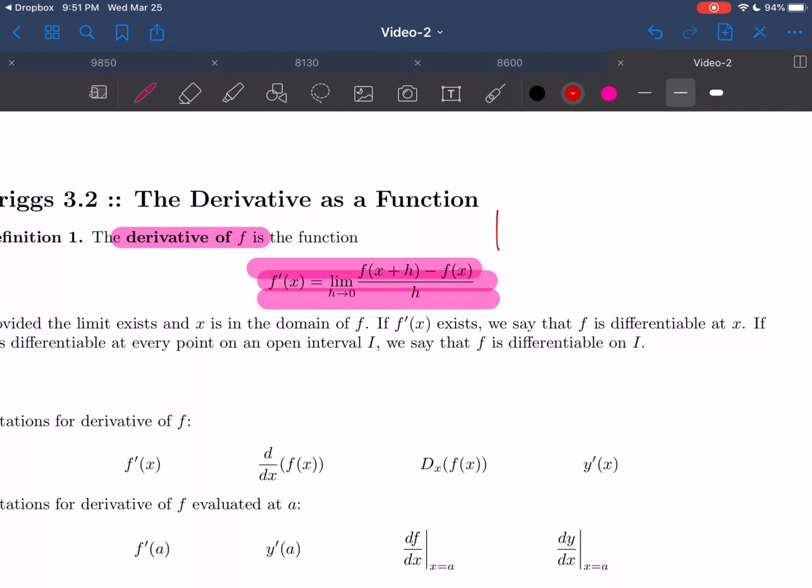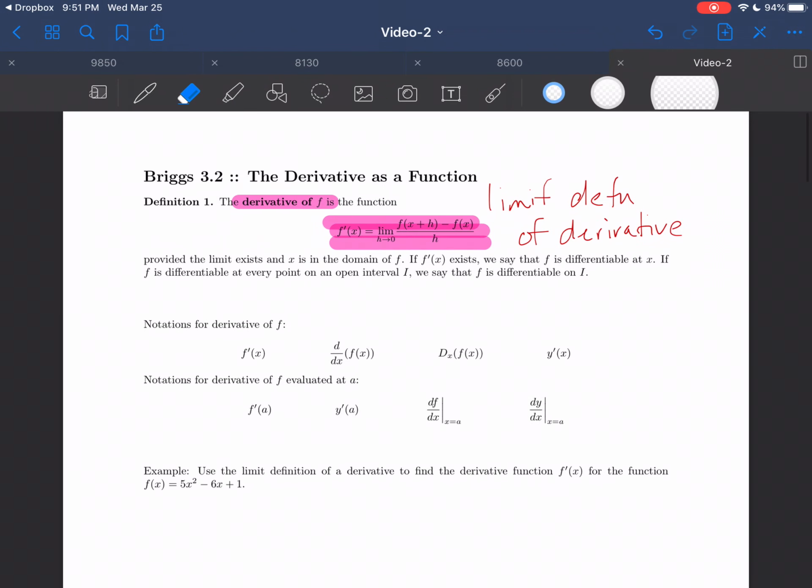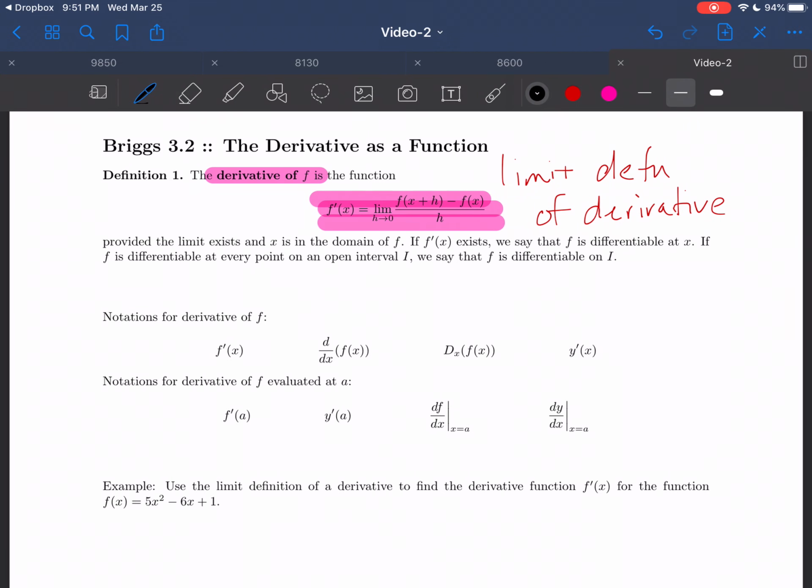And our derivative is given by this limit as long as the limit exists and x is in our domain of f, our function.